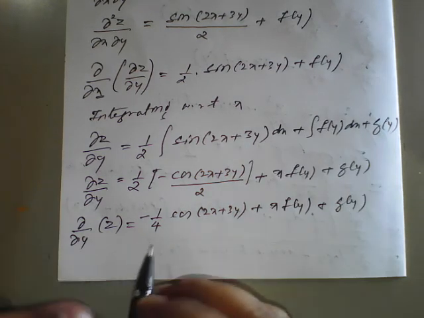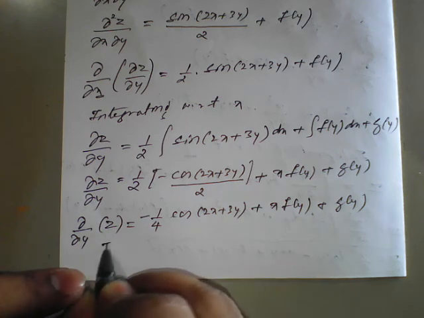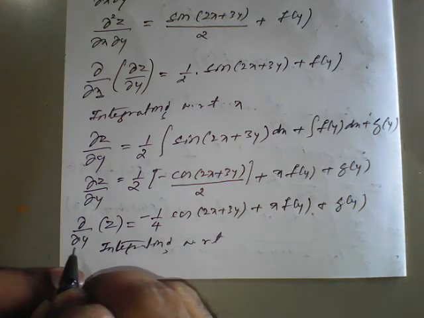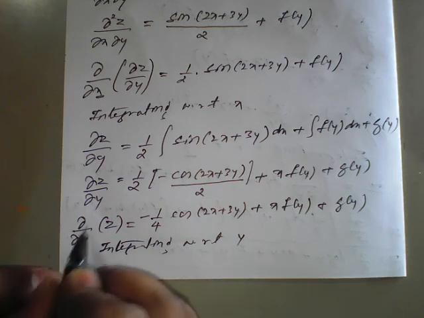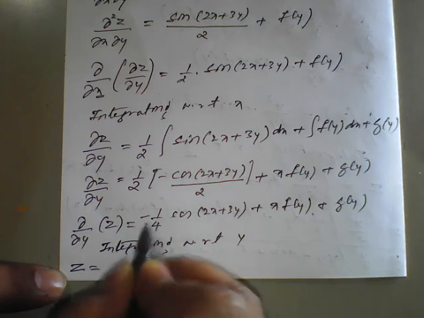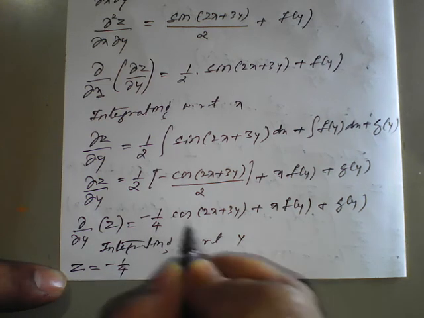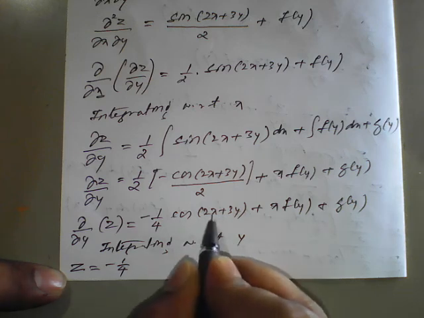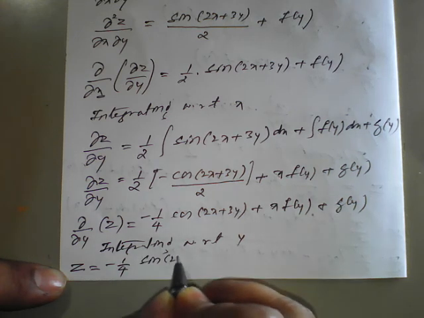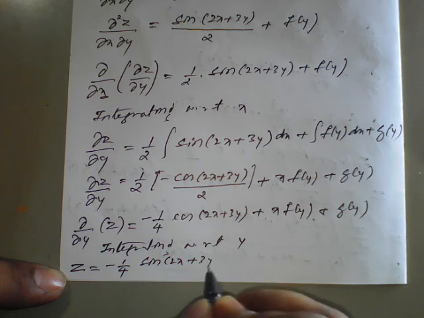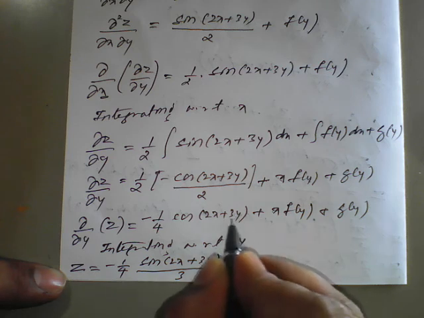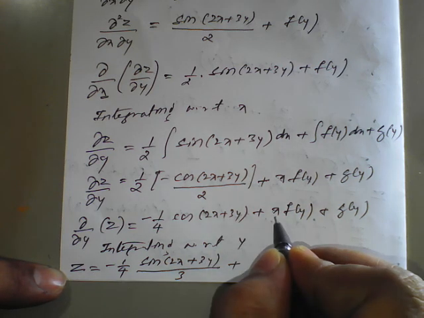Again on integration with respect to y, ∂/∂y vanishes. So z equals minus 1/4 as it is, times the integration of cos(2x + 3y) with respect to y, which is sin(2x + 3y) divided by 3, because we are integrating with respect to y, plus x is a constant.